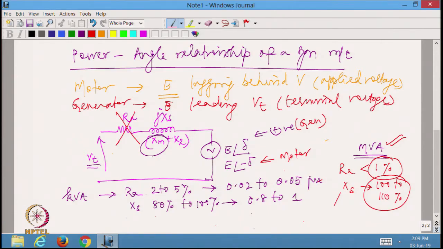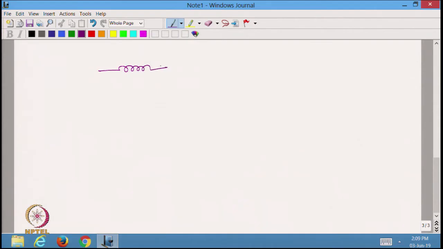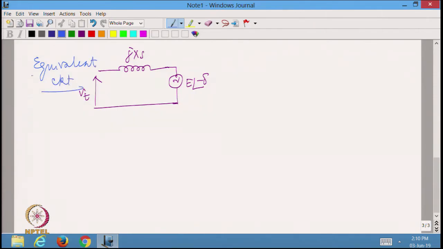So, if we are drawing the equivalent circuit without the resistance, I am simply going to have this jXS and a voltage Vt on this side, and if it is a motor, for example, I am going to have this as E angle minus delta. This is the equivalent circuit for the synchronous machine where we have neglected RA.